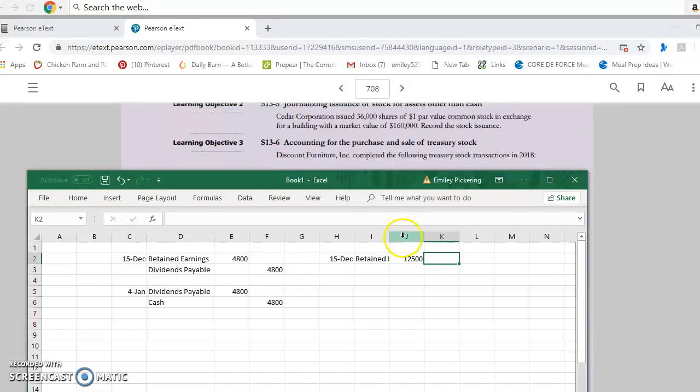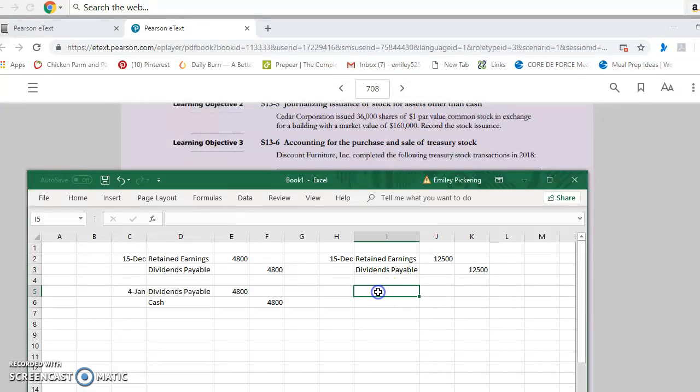So it's going to be 12,500. We have dividends payable, 12,500. And then again on January 4th, we're going to lower our dividends payable and decrease our cash. Okay, so that's a cash dividend.